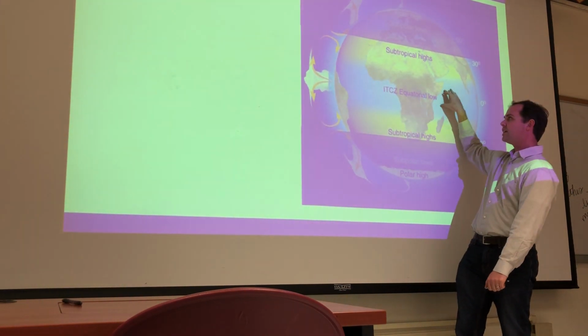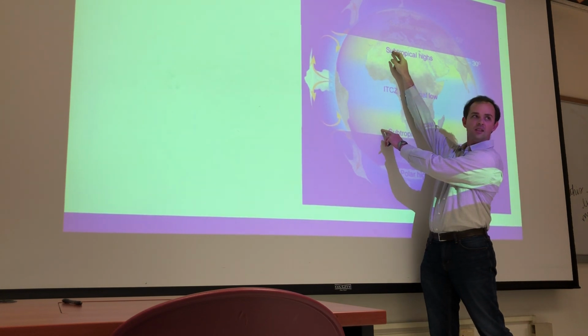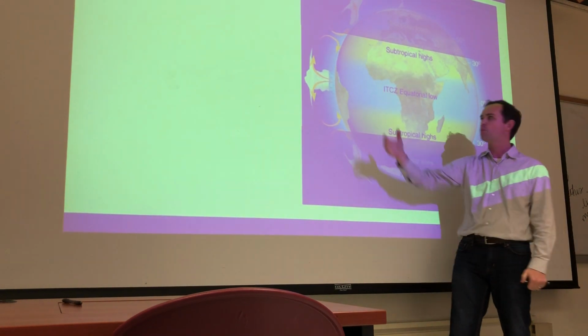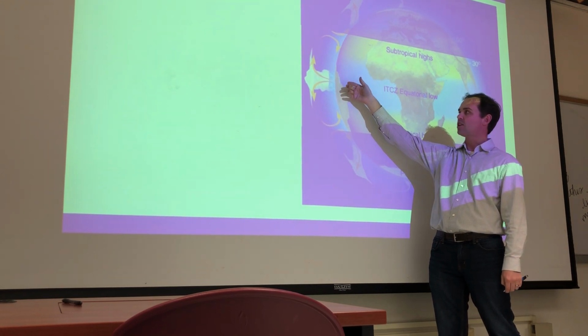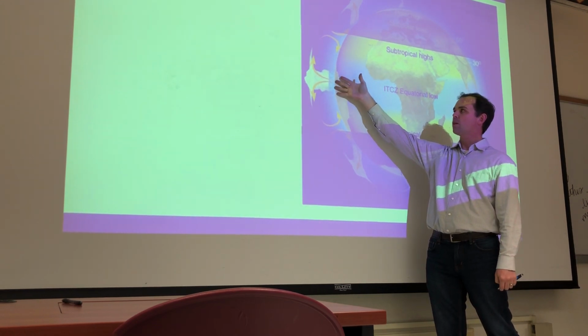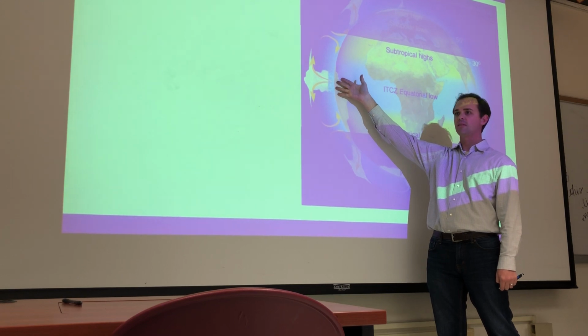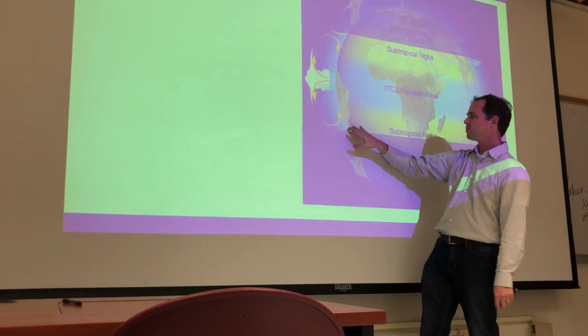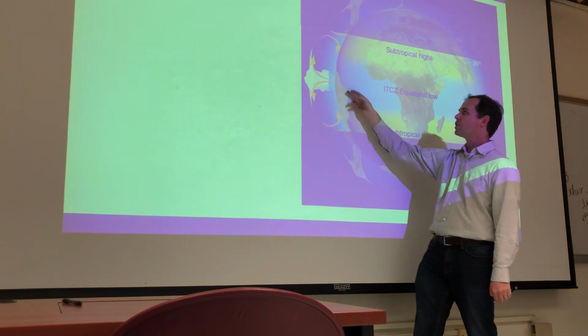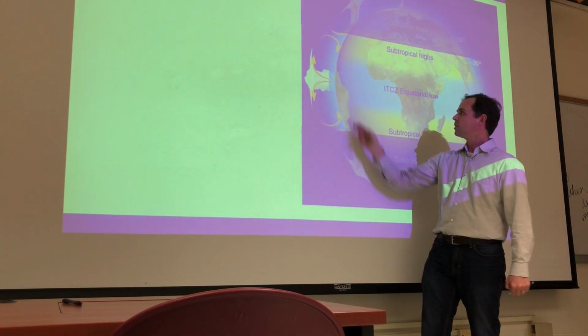The heating is greater here than it is in the subtropics because the sun is more directly overhead in the tropics. As a result, we get warm thermal lows all along the equator and relatively cooler conditions here, which causes the Hadley circulation.